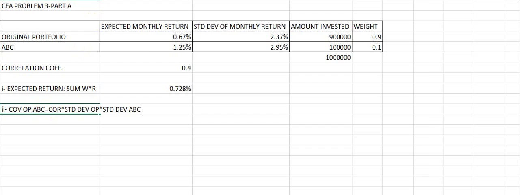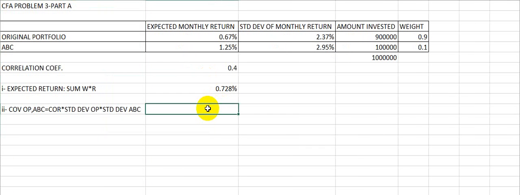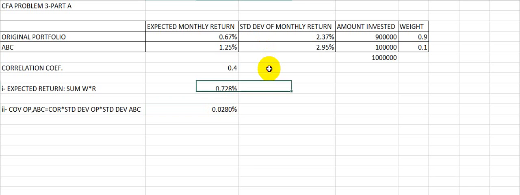Okay, again, it's very simple. So it's the correlation coefficient times both standard deviations. And the answer will be almost 0.028%.